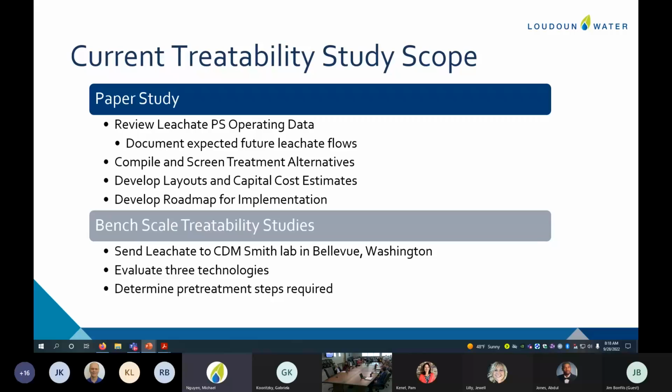So if we think about it, Broad Run treats 8 million gallons of wastewater a day. The landfill leachate discharges 7,000 gallons of water a day, right? So it's a very, very small stream, but contains 20% of the PFAS load that we see to the plant.